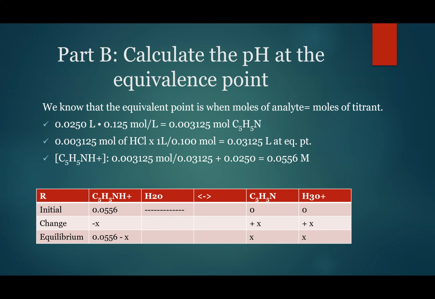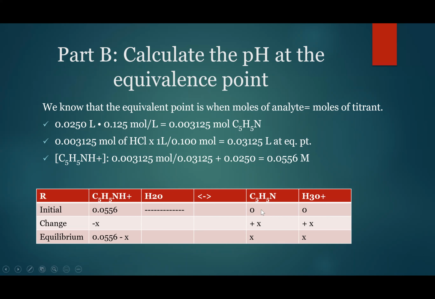And then we move to our RICE table, which we use because the conjugate acid is weak. It's a weak acid from a weak base, and it doesn't fully dissociate. So here we are, the initial 0.0556. Water doesn't count because it's a pure liquid, which means that we do not engage it with our Ka, Kb, Ksp equations.